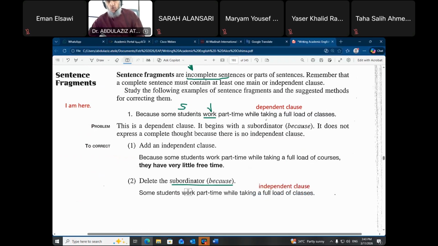So, to correct a fragment with a subordinating conjunction, we just delete the subordinating conjunction. This is very simple. Or we add an independent clause, like they have very little free time.